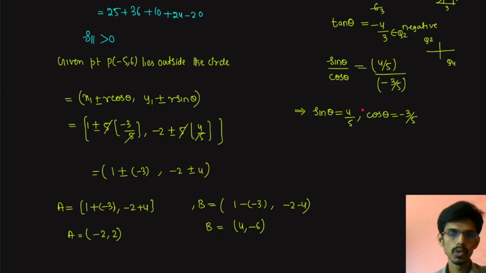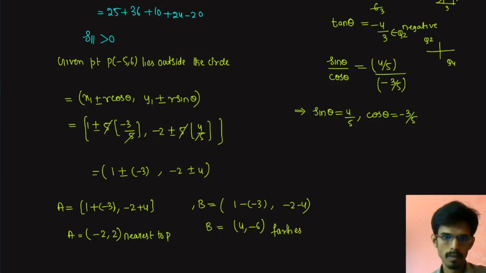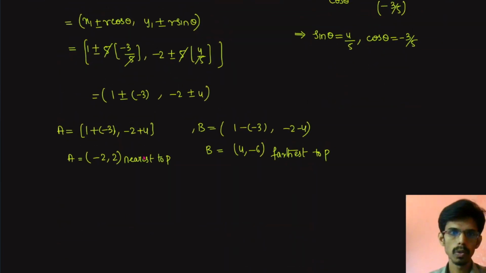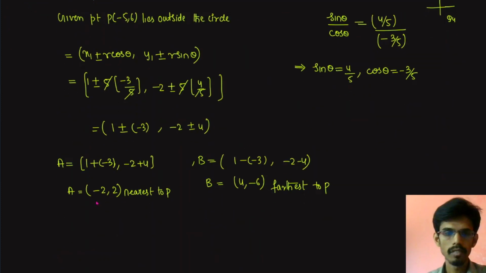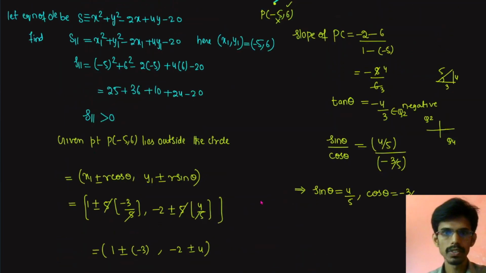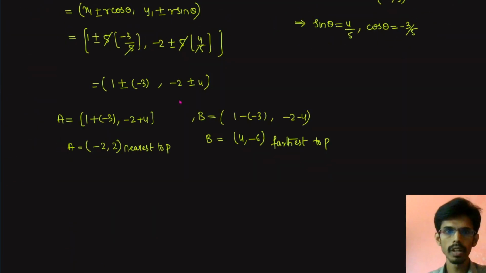We got these 2 points. A will be the nearest point to P, and B is the farthest from P. Clearly this is nearest, because if I find the distance between P to A, that will be less than the P to B distance. We got the 2 points on the circle.